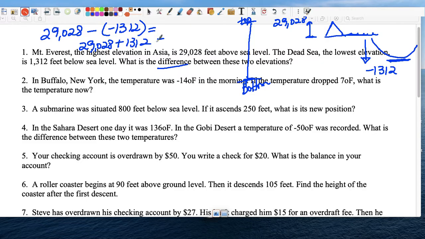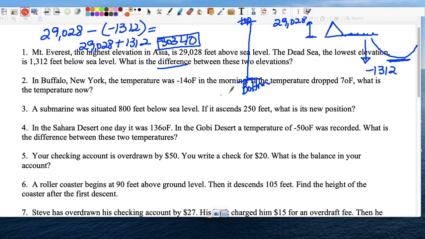That would give us 30,340. I found this value by adding 29,028 and 1,312.